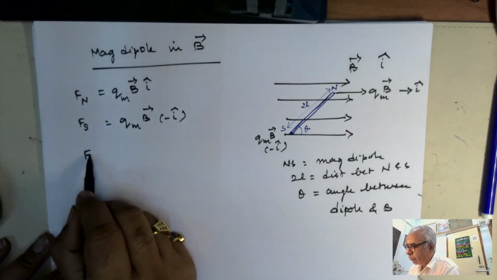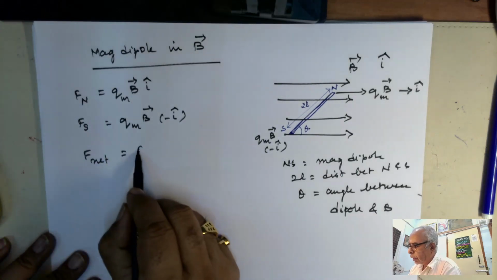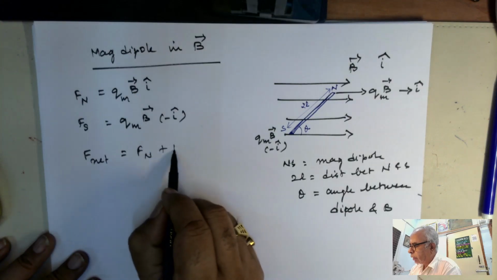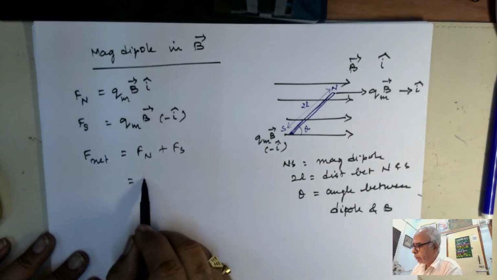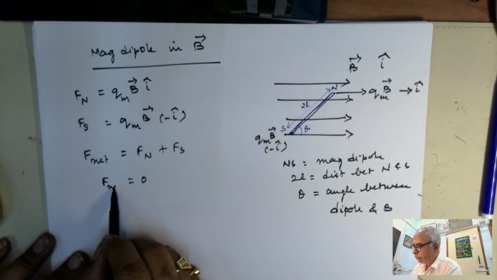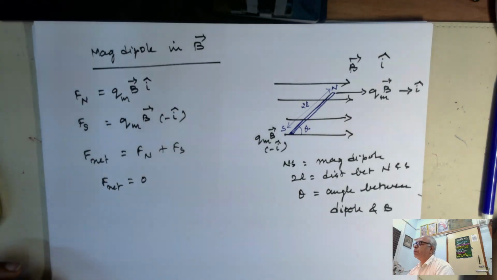Therefore, F net is equal to Fn plus Fs. So on adding this, it becomes 0 because they are equal and opposite. So it is 0.